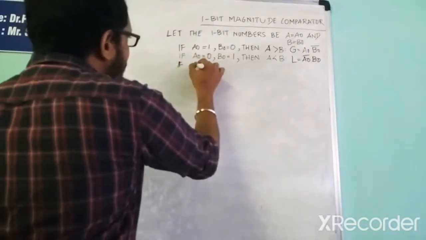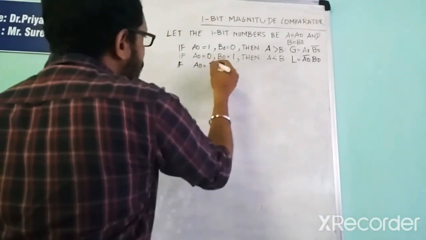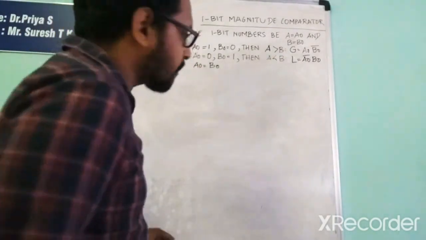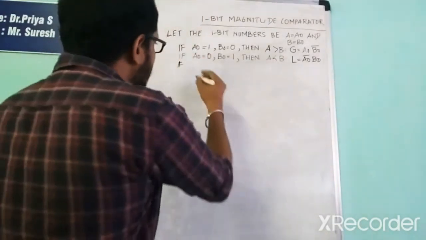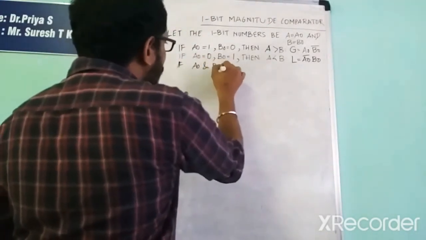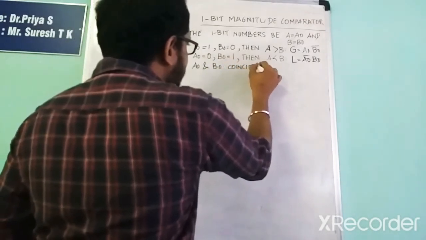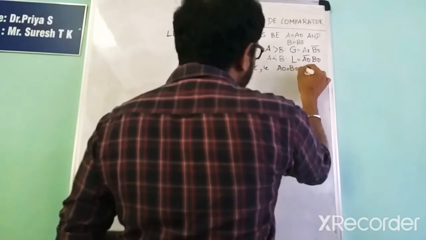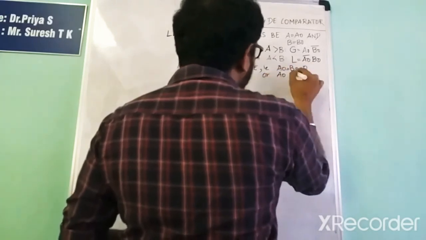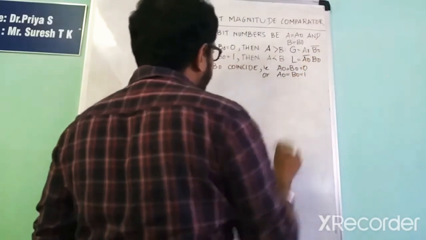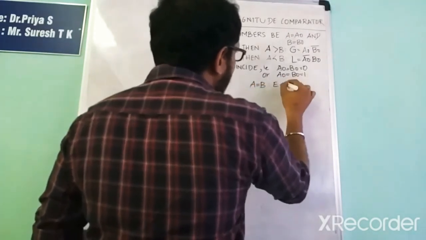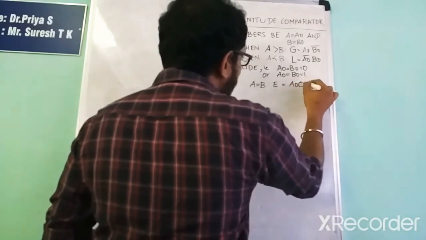The third case is if A0 and B0 coincide, that is, A0 equal to B0 equal to 0, or A0 equal to B0 equal to 1, then A is equal to B, which is equality. E is equal to A0 XNOR B0.